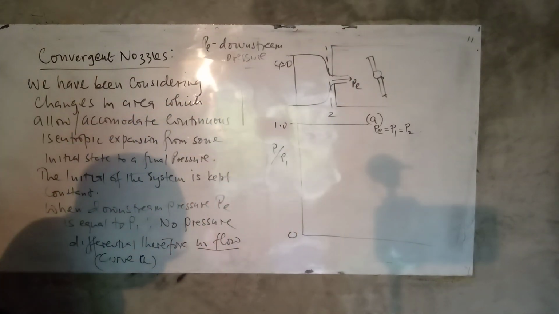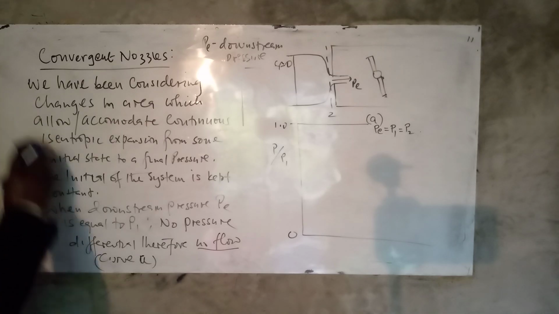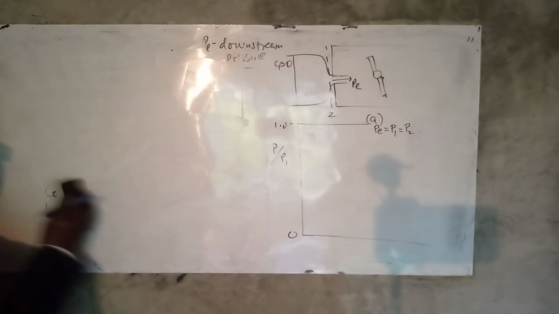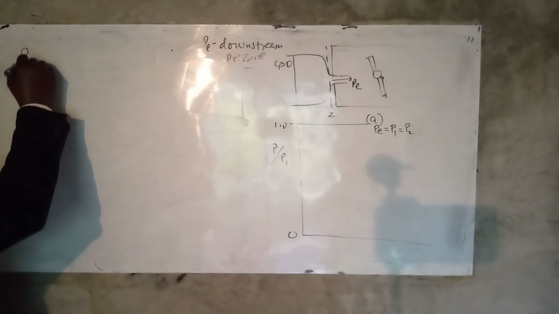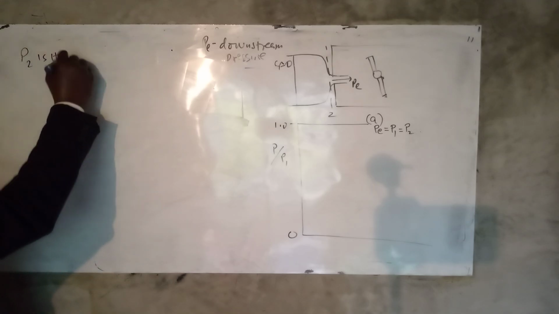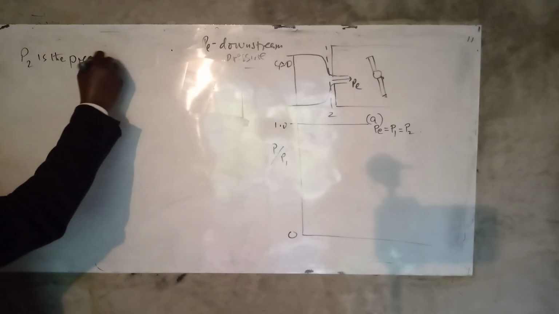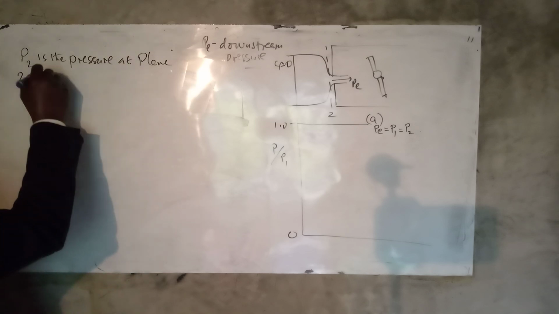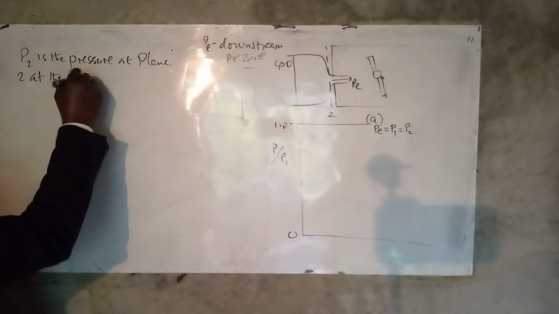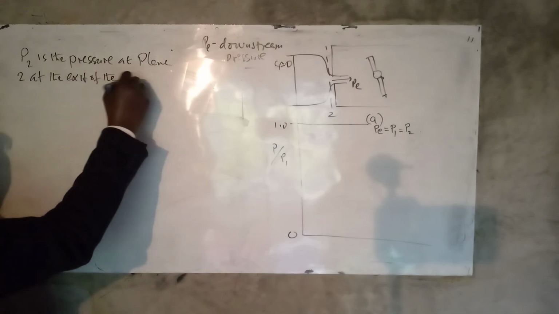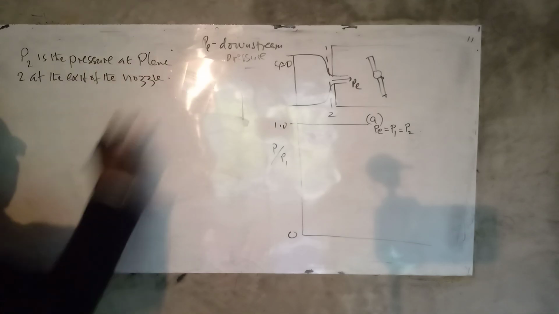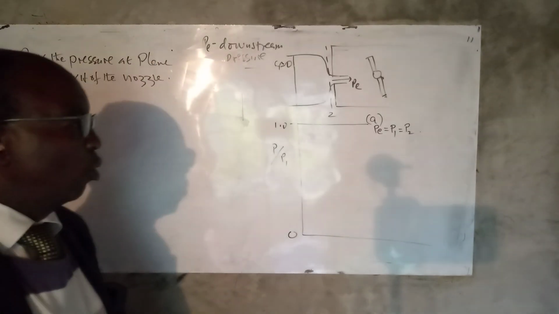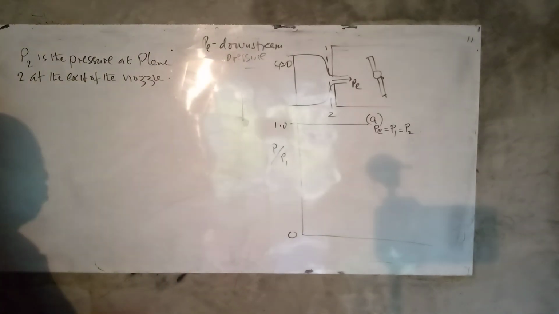So again, let's note that P2 is the pressure at plane 2, at the exit of the nozzle. So we are saying that there's no pressure difference at that particular point. So what we're going to have is that there will be no flow.